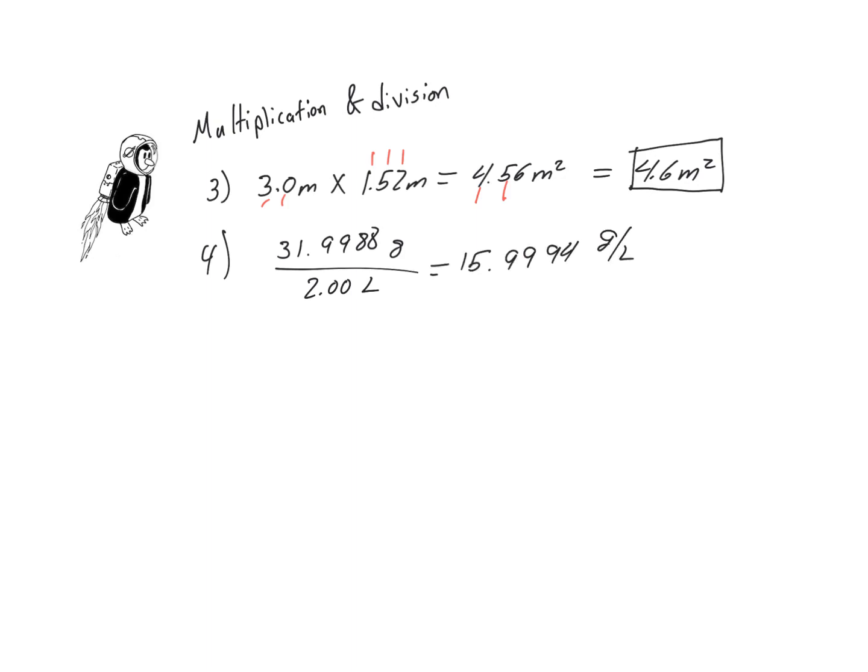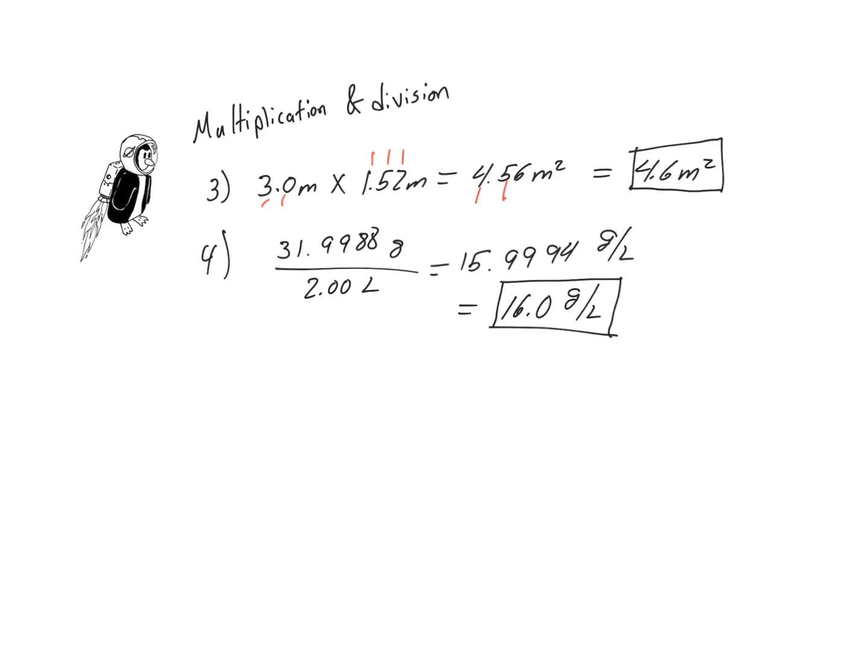When we look at the calculation, the bottom number has 3 sig figs. The top number has 1, 2, 3, 4, 5, 6 significant figures. This means we must round our final answer to 3 sig figs. Since the last number dropped is a 9, we have to round up, giving us 16.0 grams per liter.